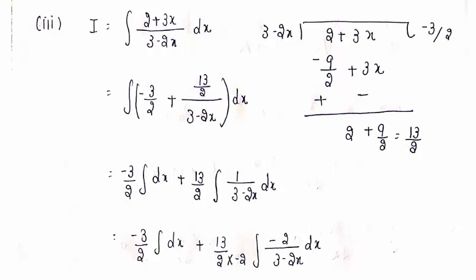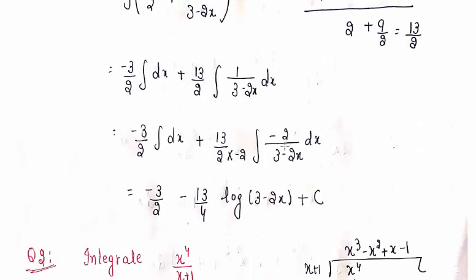Our integration: minus 3 by 2 is a constant, integration dx, plus 13 by 2 is a constant, integration of 1 over 3 minus 2x dx. Further, we multiply and divide this with minus 2, because the derivative of 3 minus 2x is minus 2.